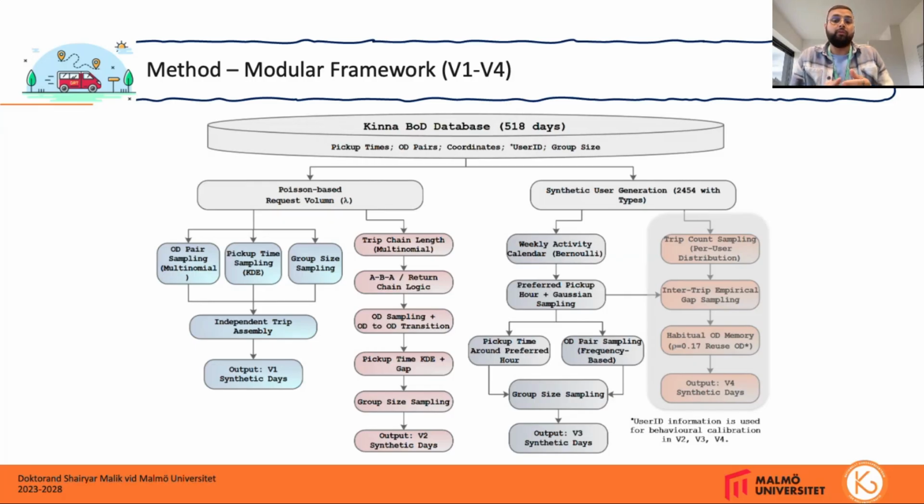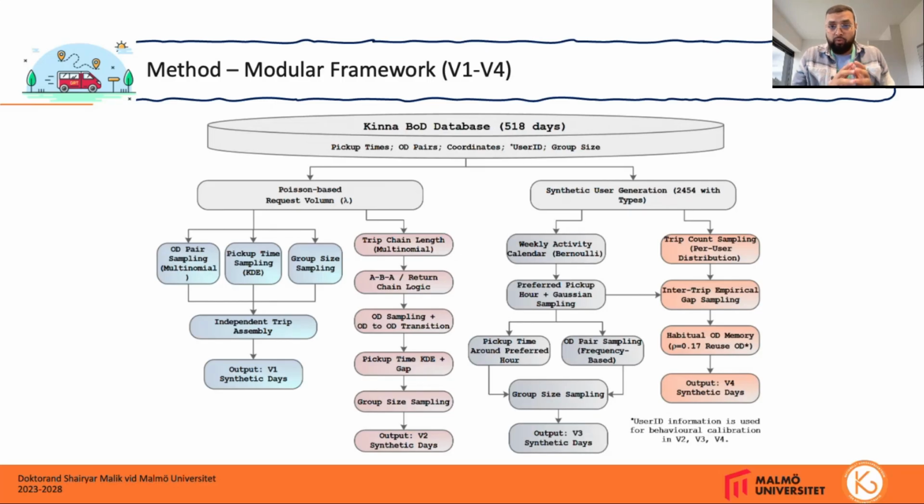It's reused with the same probabilities that we have seen in the real data, and it reflects the share of users in real data who repeat the same OD. Now, this completes the behavioral realism triangle that we have seen before: the chaining, the timing, and the OD memory. This is what we have introduced.